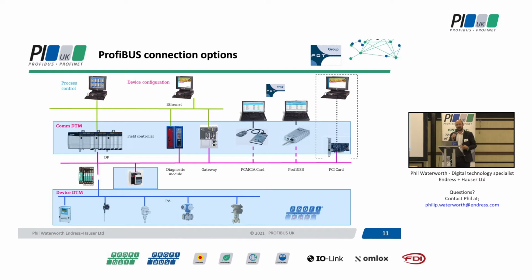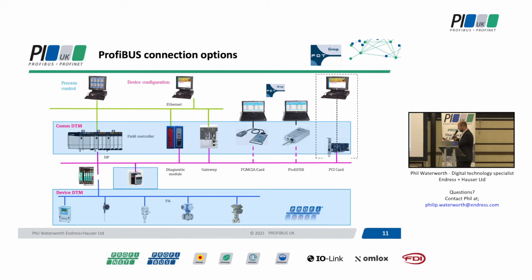Rather than having a central station, maybe you want to take a laptop into the field and just review or commission some devices. So there are pieces of hardware you can use to connect to your laptops directly, USB drives. This is clearly a very old slide because there are PCI cards and all sorts of things mentioned on there which I've not seen for a long time. But they're all examples of equipment that would require a communication DTM installed in your FDT frame.